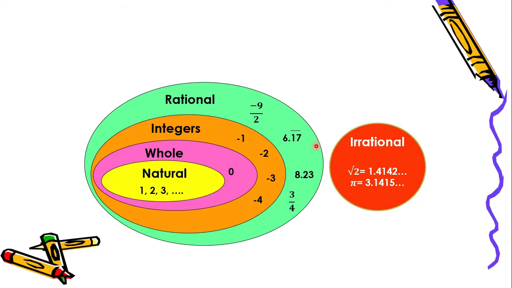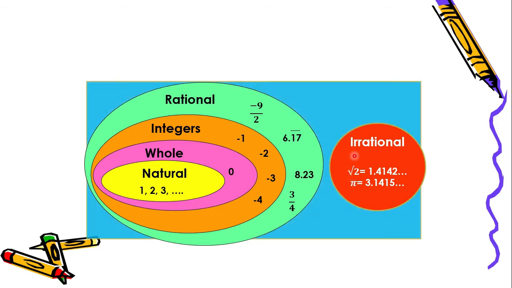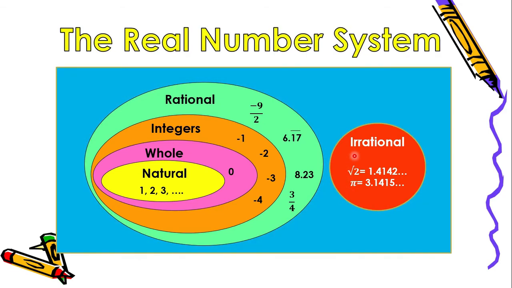And we have another set of numbers outside those rational numbers. Those are what we call irrational numbers. Those are numbers that are non-repeating or non-terminating, like for example, square root of 2 and pi. And those rational numbers together with irrational numbers are now what we call the set of real numbers, or the real number system.